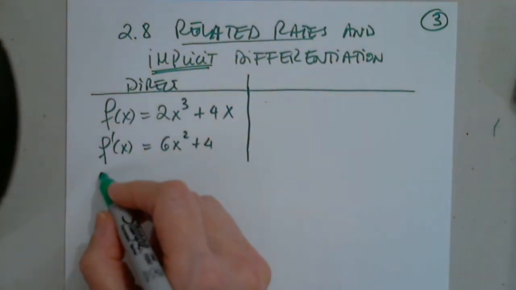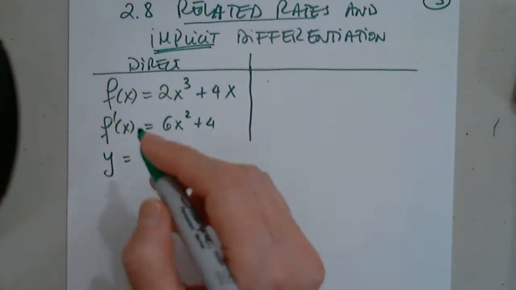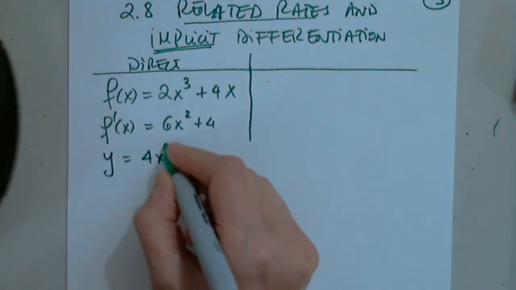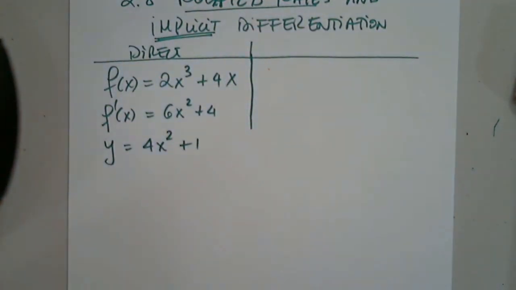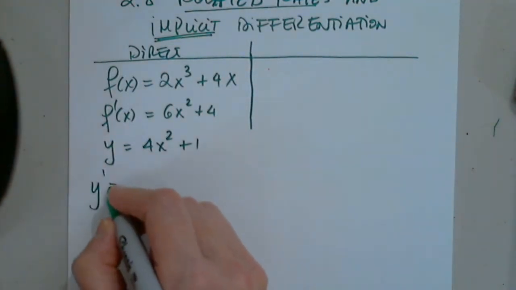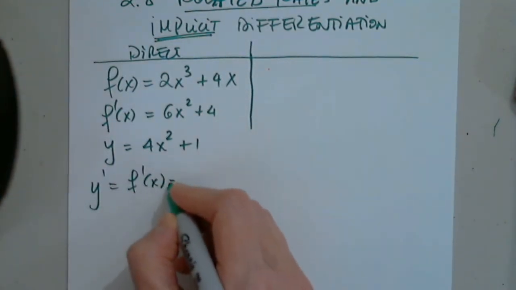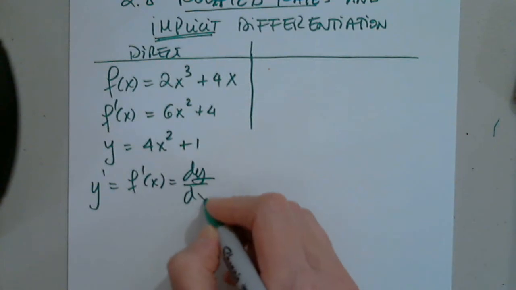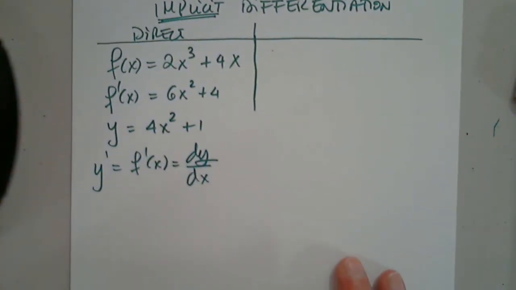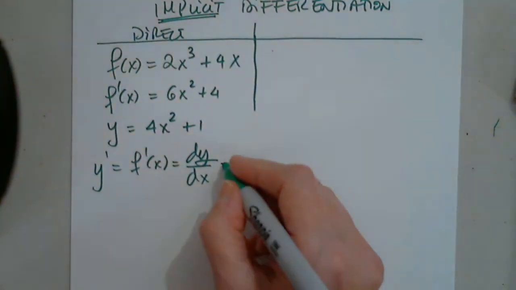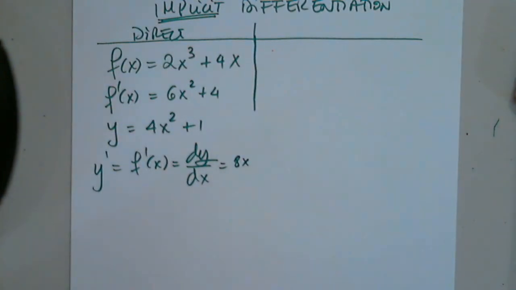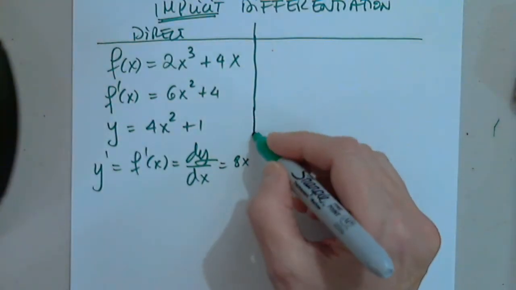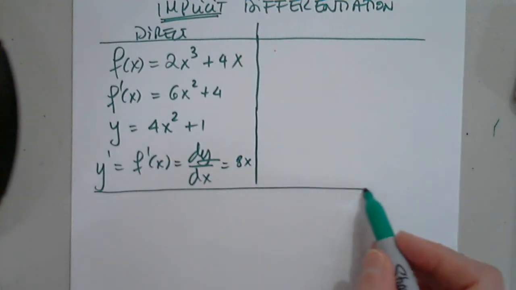I can also be given y equals 4x squared plus 1. Same thing. I can use the notation y prime, f prime, or dy over dx. Any of these, and I still get 8x. All of them are the same, and in this case, it's direct differentiation.